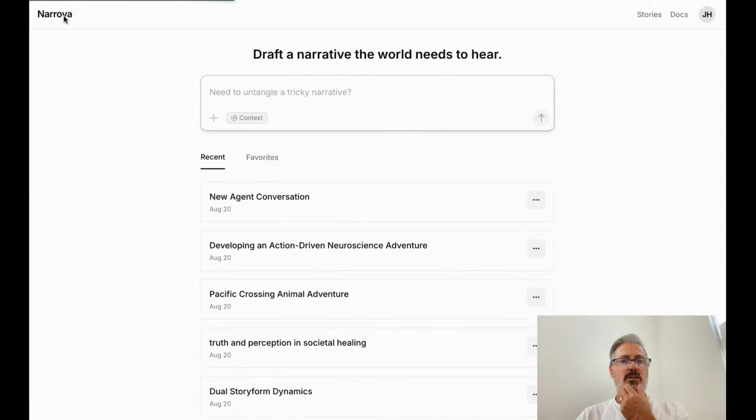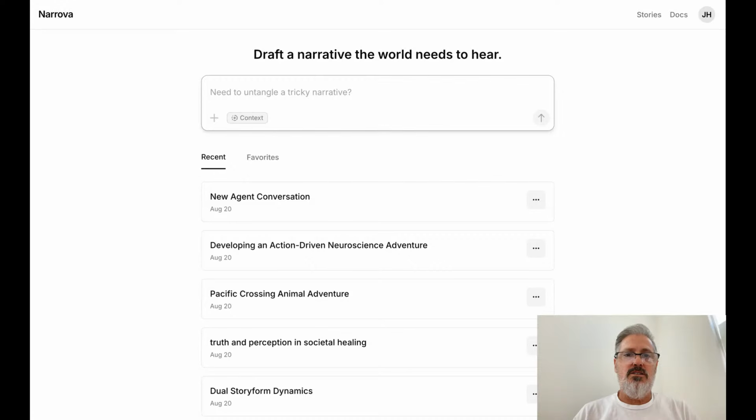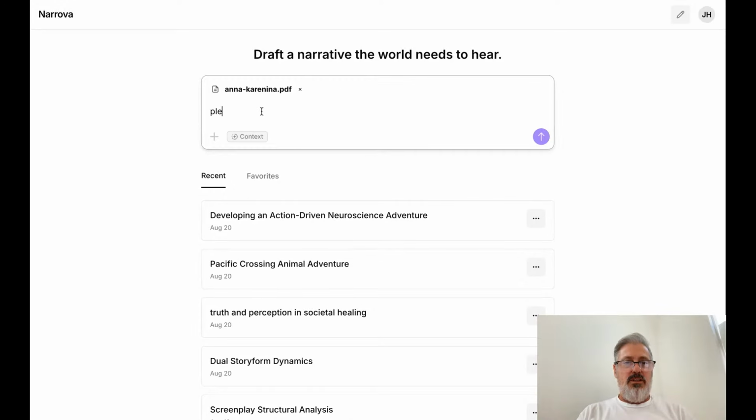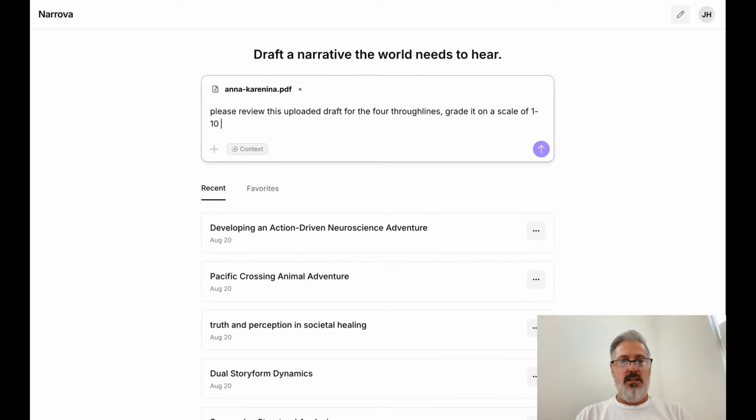All right. Well, I will figure out why it's not following directions. In the meantime, let's do this. All right, share this tab instead. Okay. Please review this uploaded draft for the four throughlines. Scale it or grade it on a scale of 1 to 10 for effectiveness, completeness, presence.